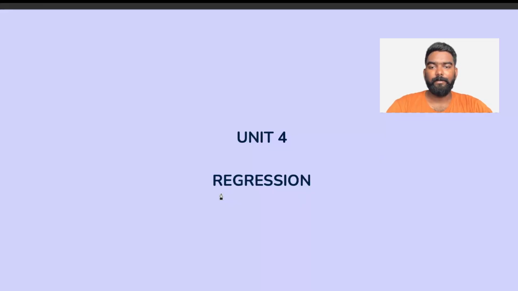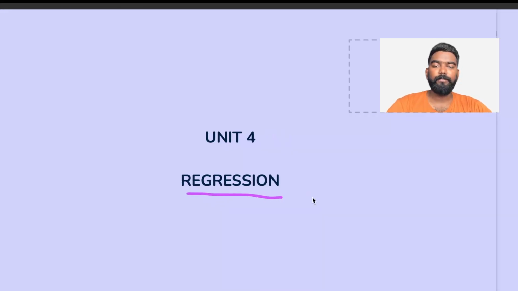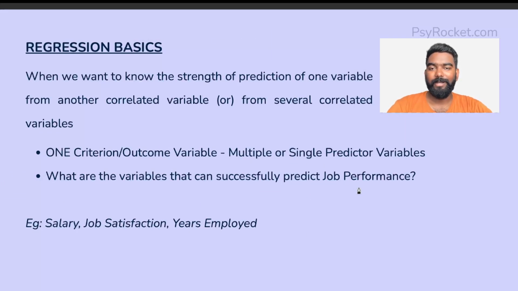Coming to regression, what is regression? It is actually an extension of correlation, but regressions are very powerful. Regression is a very powerful statistical operation. There are various types of regressions, and regression is actually the basis for much more complex analysis like conditional process analysis, structural equation modeling, moderated mediation, mediated moderation, and all.